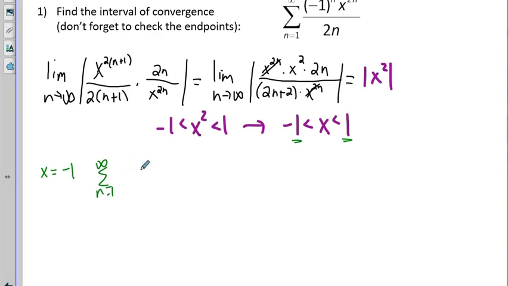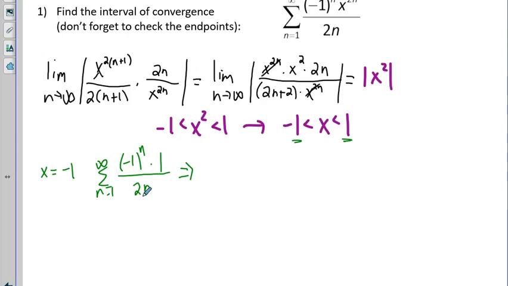Okay, so when I substitute -1 into this original problem, I have -1 to the n times, if I put -1 in for x, but I'm raising it to the 2n power, which is really squaring it, so I'm still just getting a +1 over 2n. Okay, so now we want to think about all of the convergence tests that we've already done. I'm not even going to worry about showing too much work because I think you guys can answer these questions now.